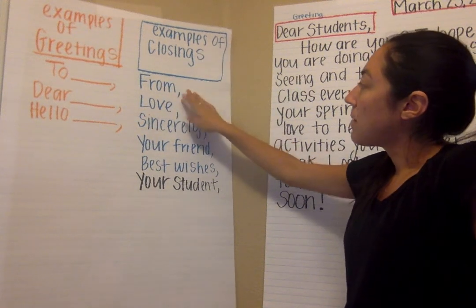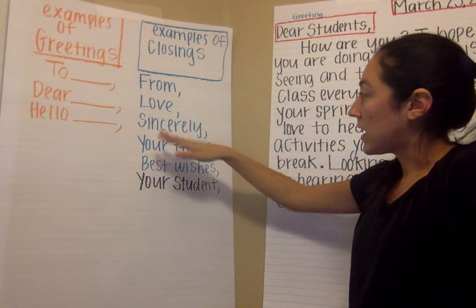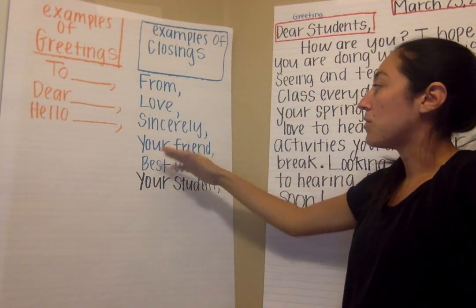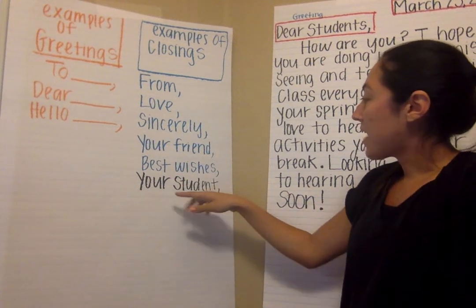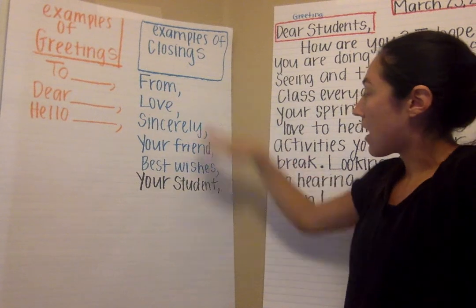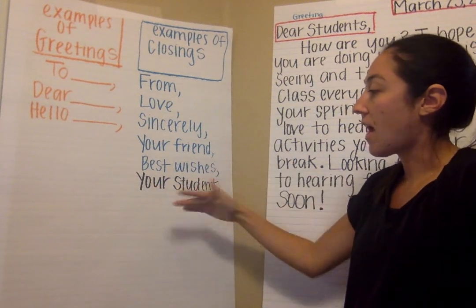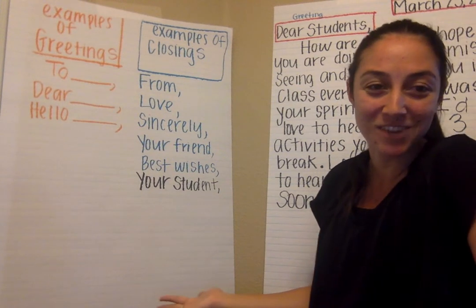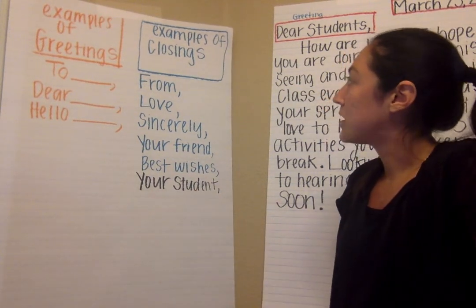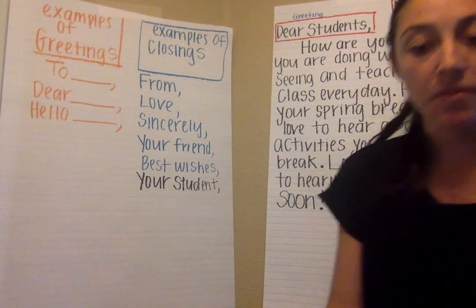So it would be from, and then your name, love, your name, sincerely, your name, your friend, your name, best wishes, your name. Or the other one I added for you guys to use is your student and then your name, because you will be writing to us and you are all of our students. So feel free to use that one as well at the end.